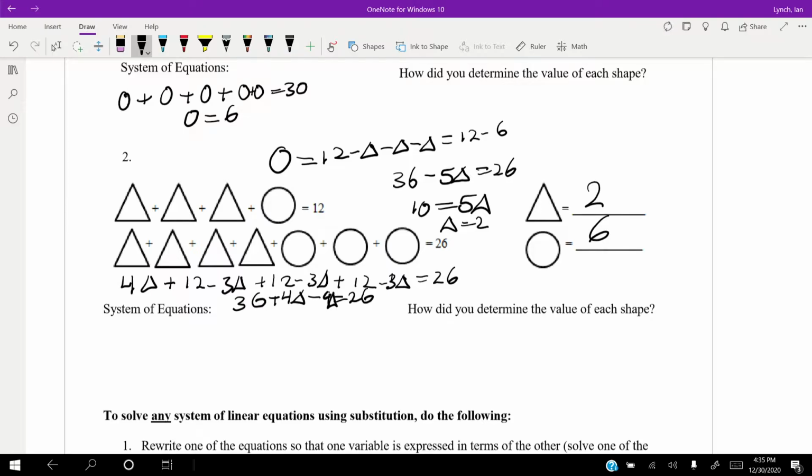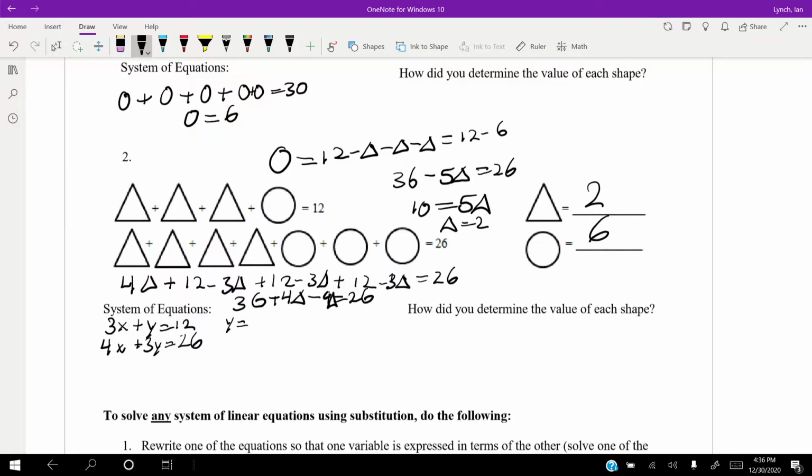We're perfect. So let's build out the system of equations here that goes along with this. Let's give triangle x. So we're going to say 3x, which means circle is y, clearly. 3x plus y equals 12. And then down here we have 4x plus 3y equals 26. So what we did there is we solved this top one for y.